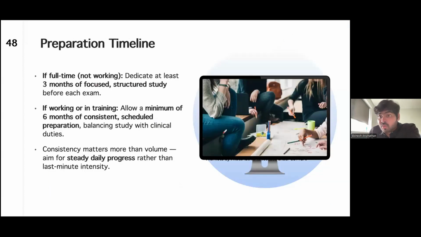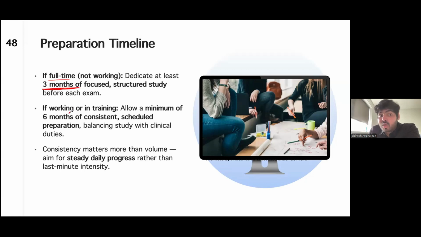Right? So what is the ideal preparation timeline for every part of the exam? If you're not working, and if you are at home and you can give dedicated preparation, in the sense you'll read the whole day, then it is enough if you do 3 months of focused preparation.